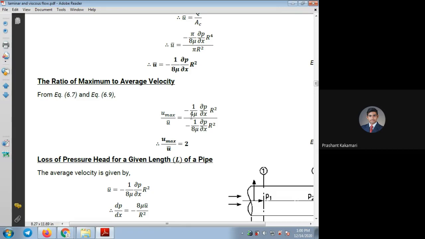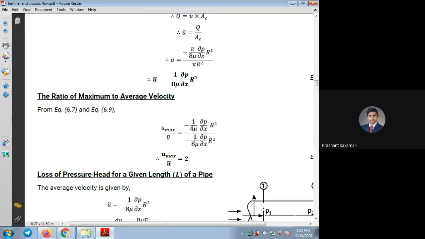If you simplify, I will get the ratio of maximum velocity U max to the average velocity U bar as 2. The meaning of this ratio is that in any pipe with laminar viscous flow taking place, the maximum velocity will be 2 times the average velocity.